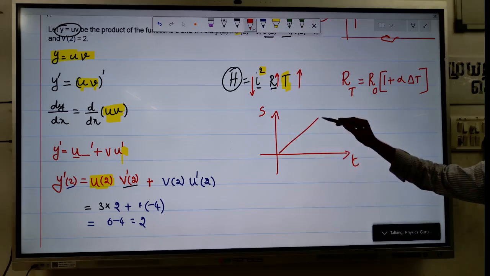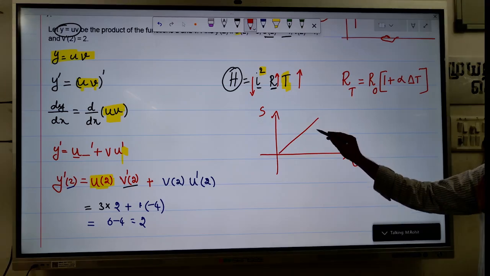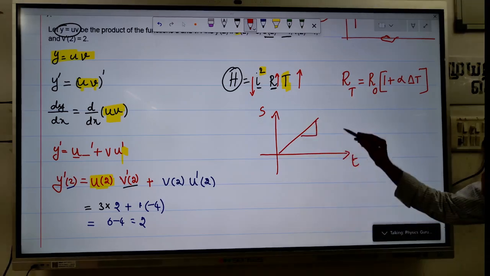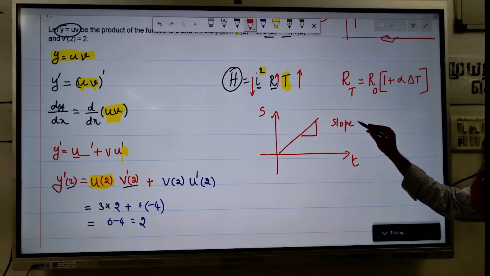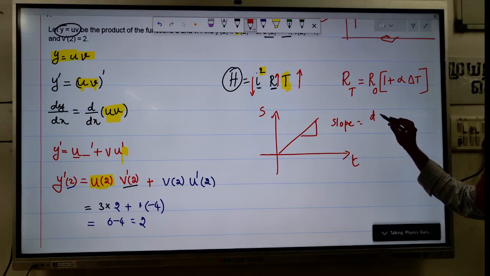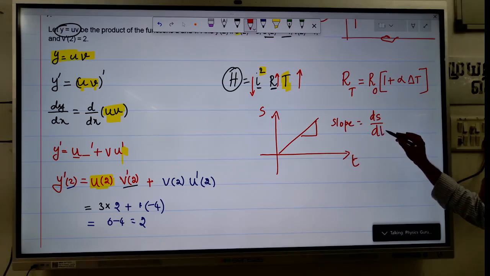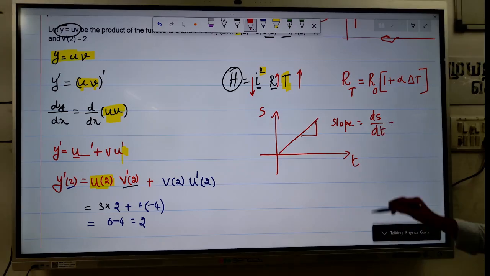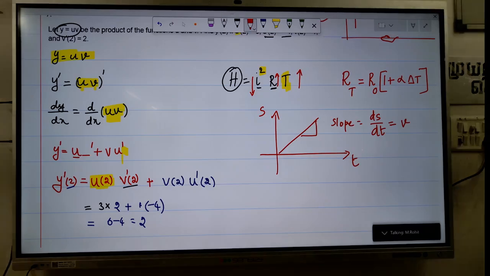So I get displacement variation with respect to time, we got the slope. What is slope? Slope is equal to change in displacement divided by change in time. What do we call it? We call it velocity. ஆமாவா?